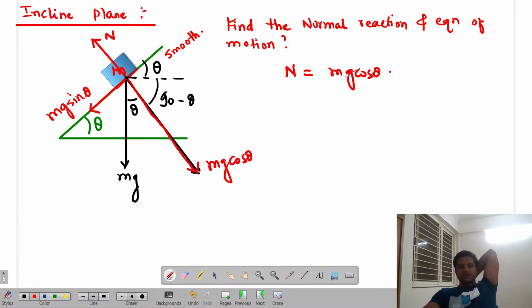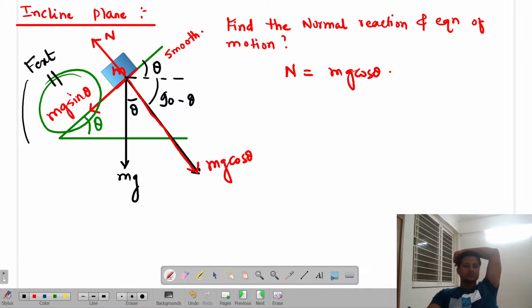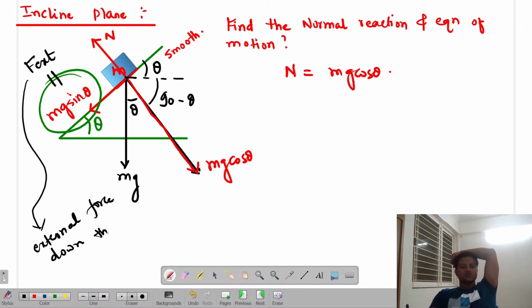Now, if N is equal to mg cos theta, look at the other force. What happens with the mg sin theta? There is no other force to balance this mg sin theta. So this mg sin theta works like an external force down the inclined plane.